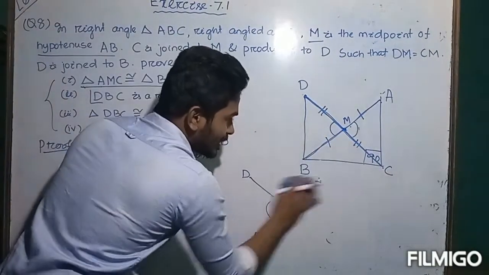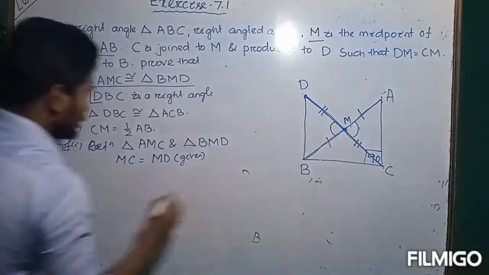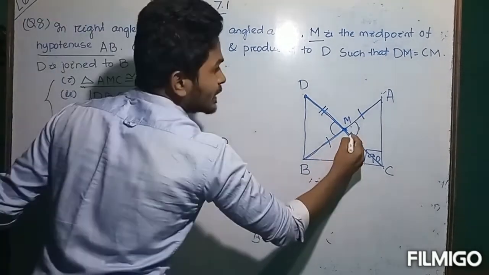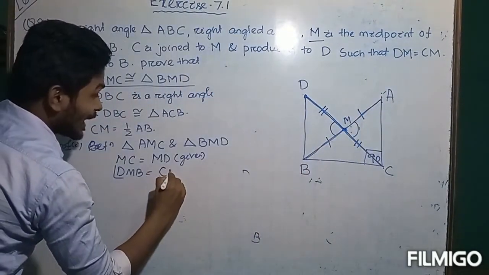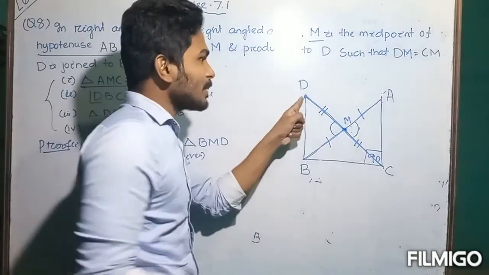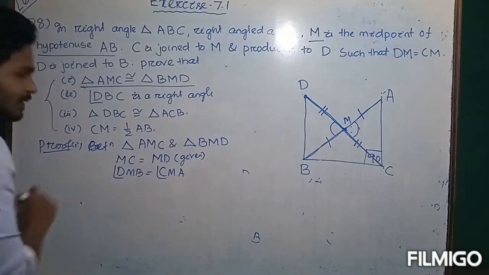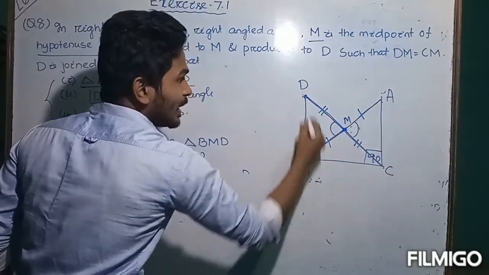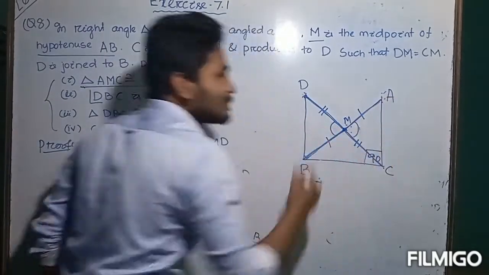So you can write this angle DMB is equal to this angle CMA. You have to write CMA, not AMC. This is perfect, because we have started from D, so we have to start from C. Third condition is that this side of the triangle BMD is equal to this side of the triangle AMC.